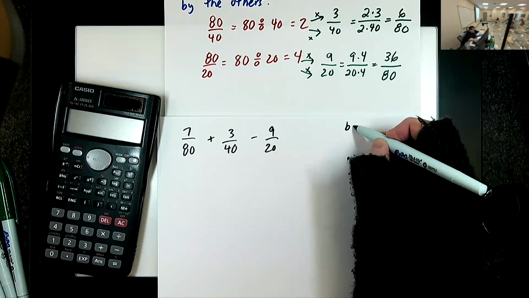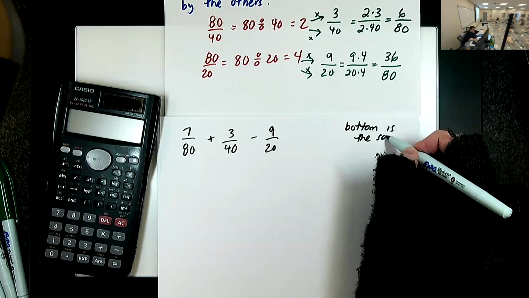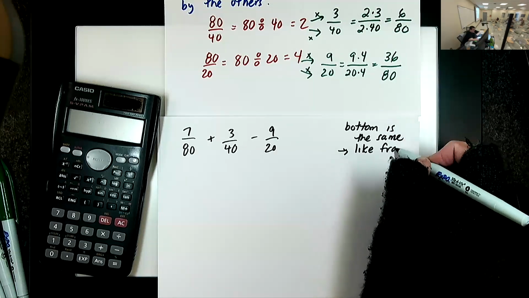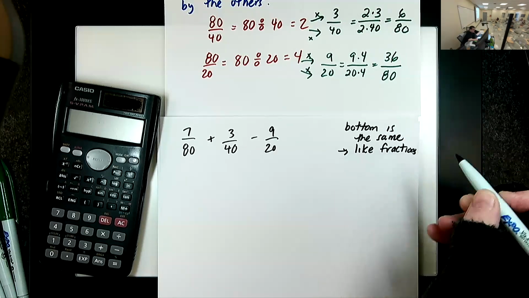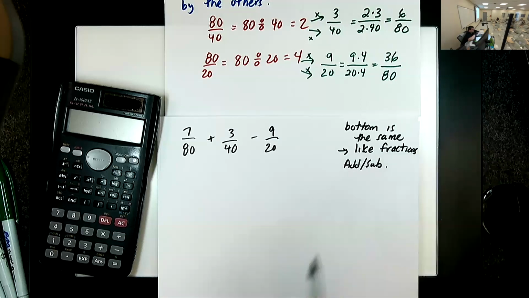If the bottom is the same, they are called like fractions, and we can add or subtract them, by rewriting them with that same bottom.